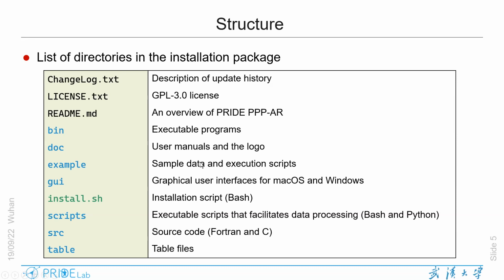Some of this data will be used in the later classes too. And the test.sh script is contained here. You may execute this script to finish the test process. The other folders host the files as their names suggest, such as the installation package of the GUI, the scripts, the source code, and the table files.